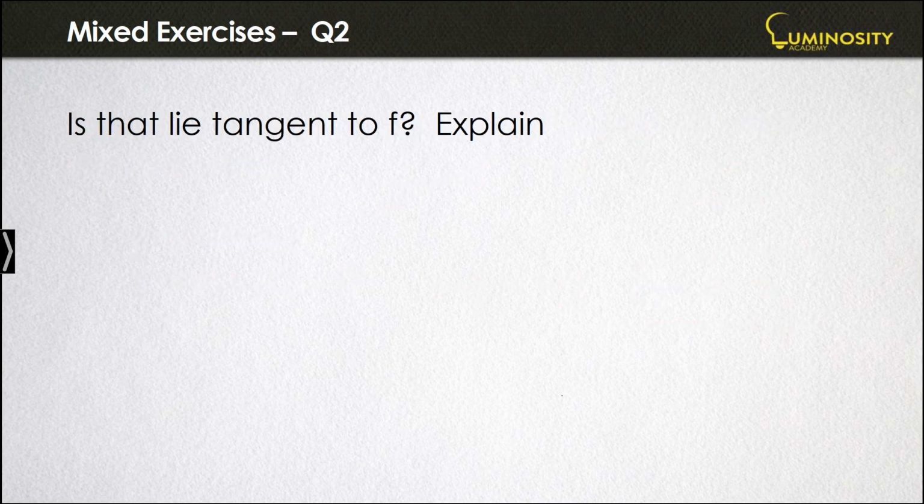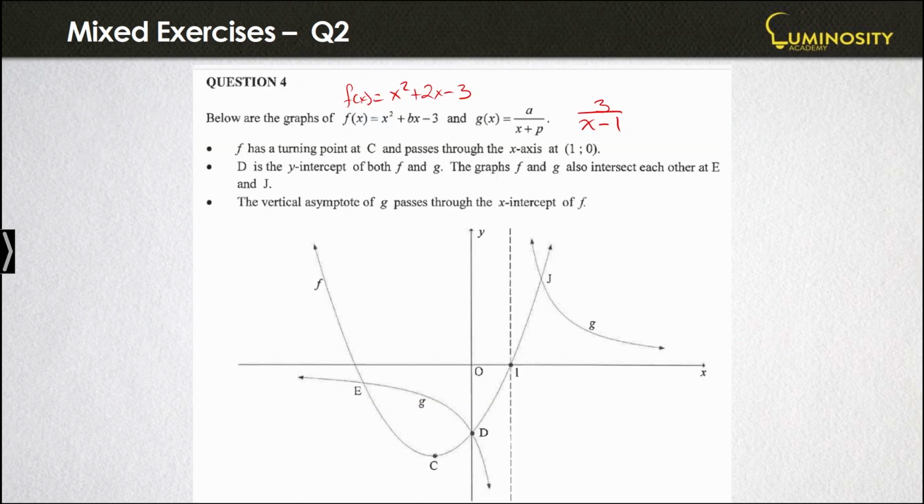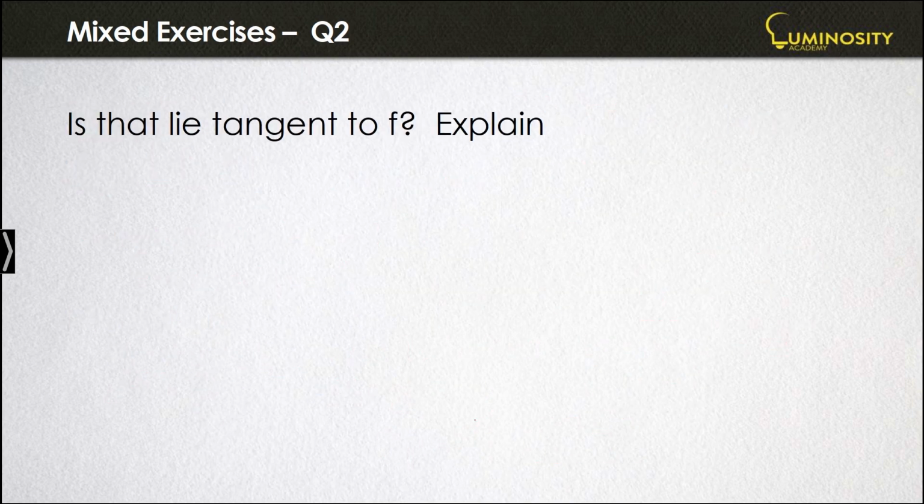Now it's asking, does that lie tangent to f? Well, it can't, because it's going through C, and C is the minimum. And in order for you to be tangent to the minimum, you would have to be horizontal.